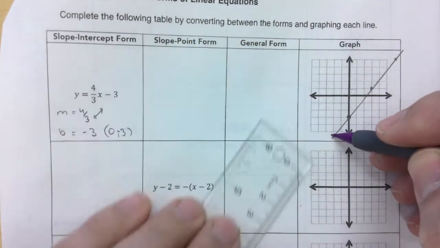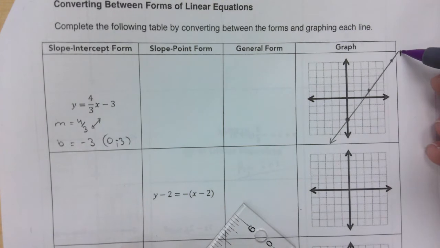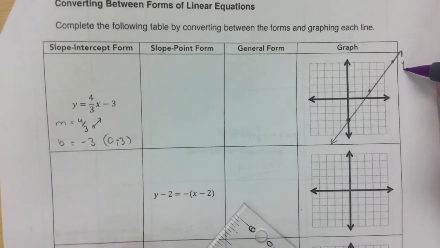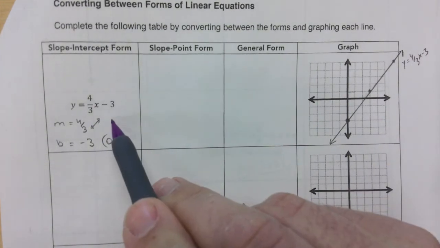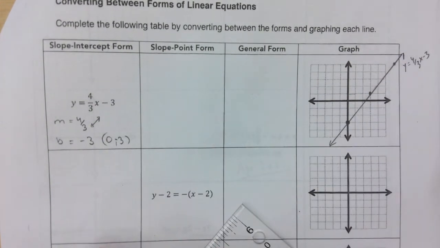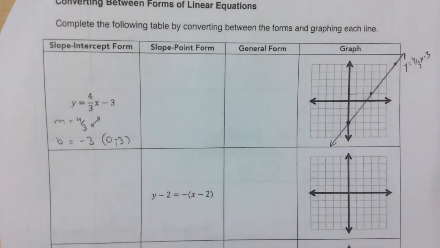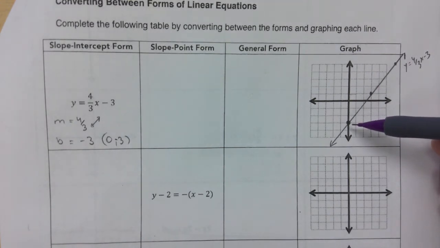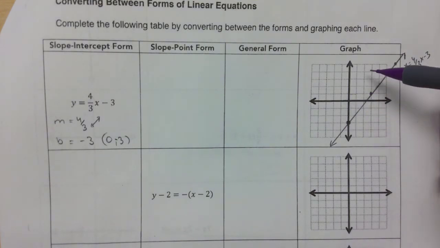Make sure your lines extend and you have arrowheads on both ends, and get used to writing the equation right next to it, right? Even though it's already here, just practice it, because on a graph, if I give you marks for it, I want it to be there, okay? And you will see, I use the iPad to actually count your boxes here. You will see markings. So that's how I quickly check if you got it right, okay?